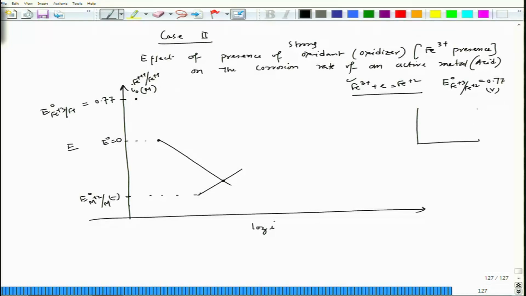So, you have a system like this: this is the acid, this is the metal, and on top of it I have the hydrogen cathodic reaction as well as this reduction reaction.